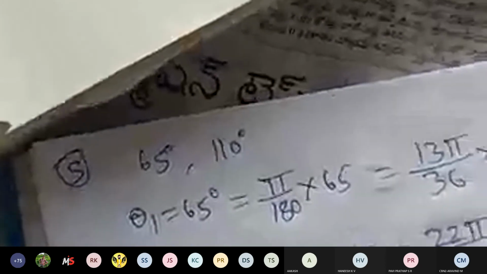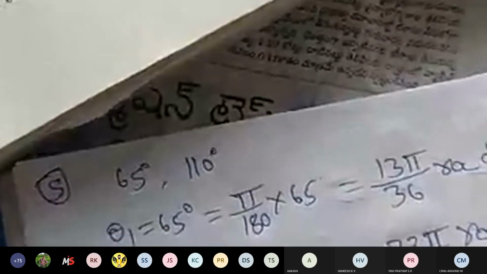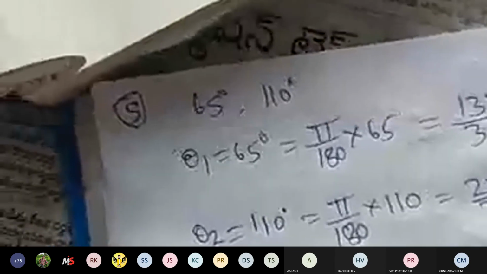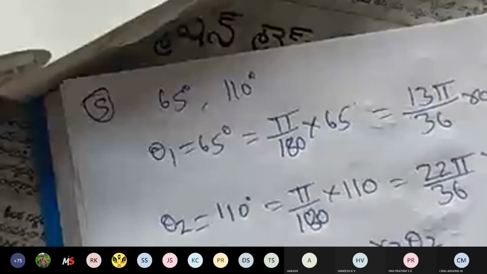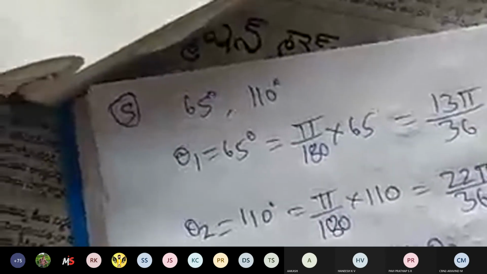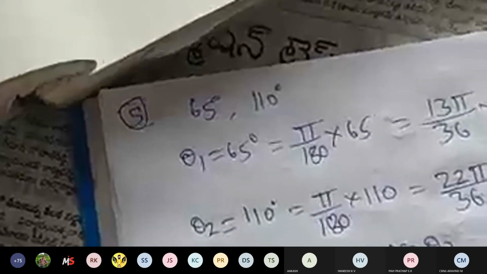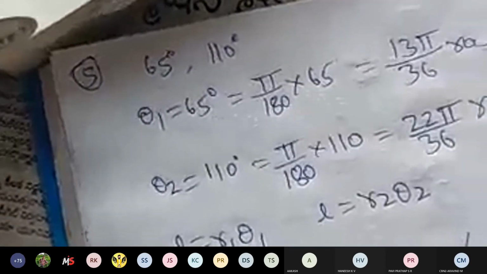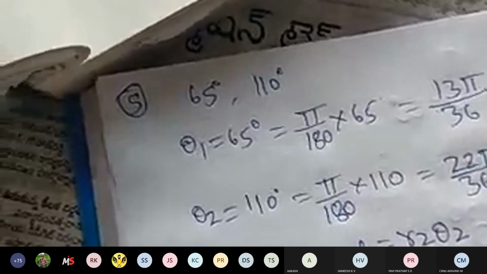So what is the formula? Already you know length is equal to r into theta. Here the lengths are the same, so r1 theta 1 is equal to r2 theta 2. So r1 by r2 is equal to theta 2 by theta 1.